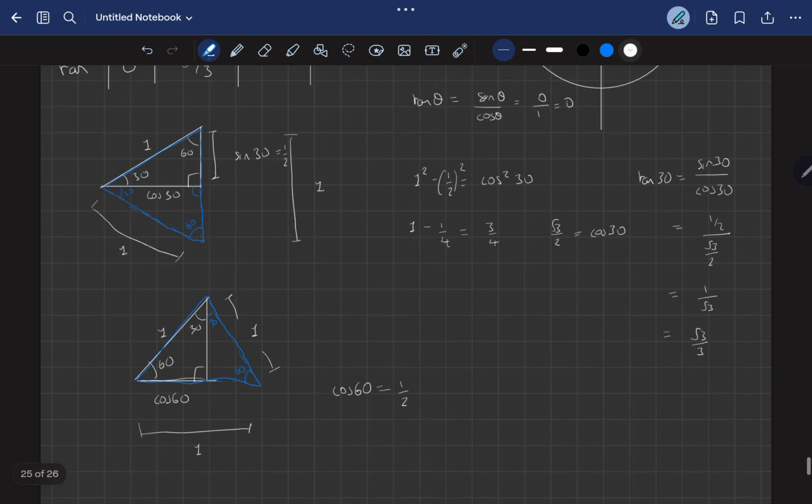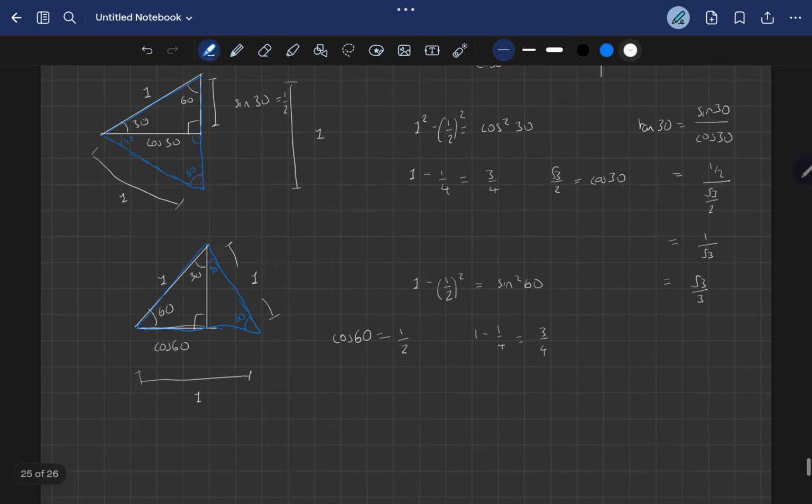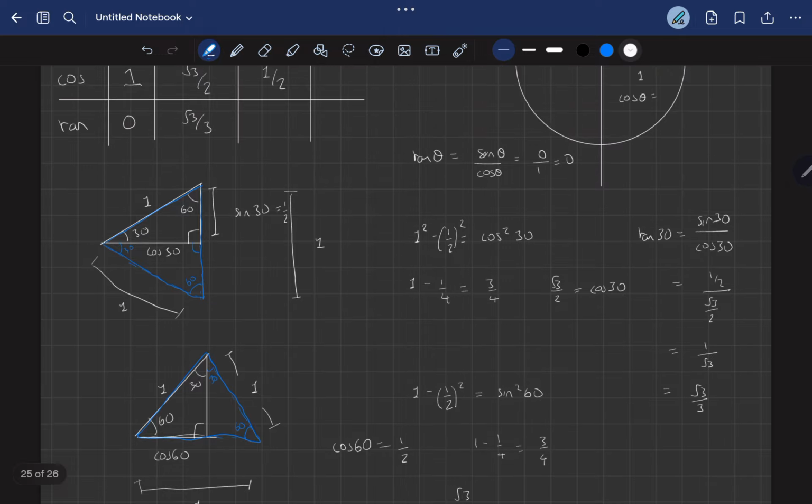Now, if you do the Pythagoras, 1 minus 1 over 2 squared is equal to sine squared 60, because 1 over 2 squared plus sine 60 squared equals 1, and I'm just rearranging that to get this. You get 1 minus 1 over 4, which is 3 over 4, and then square root 3 over 4, you get root 3 over 2.